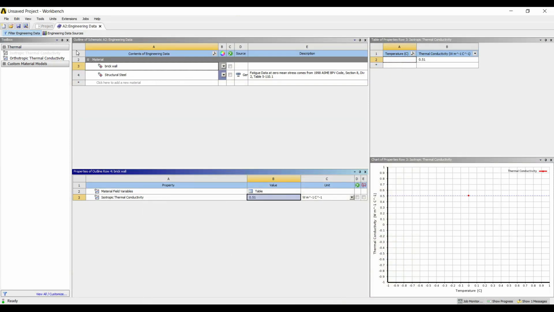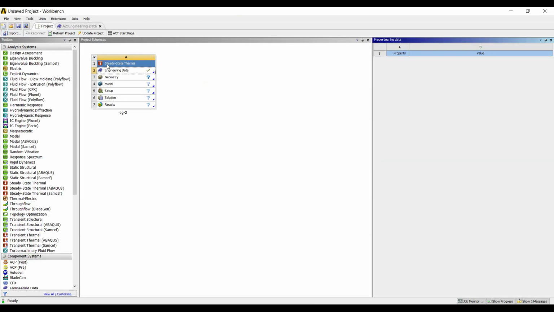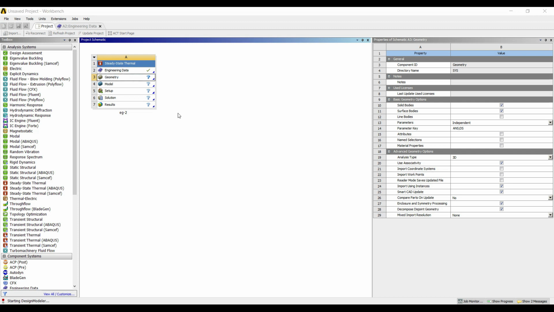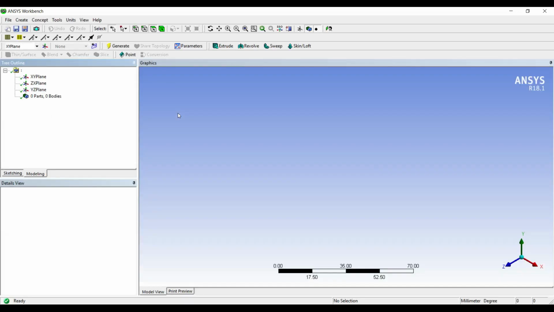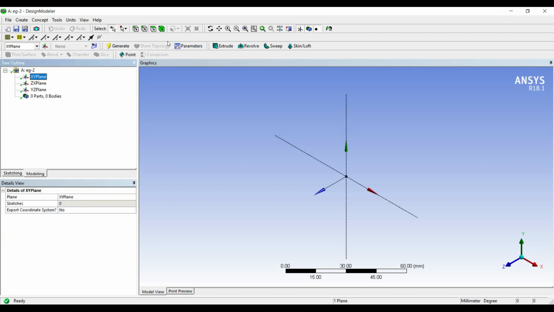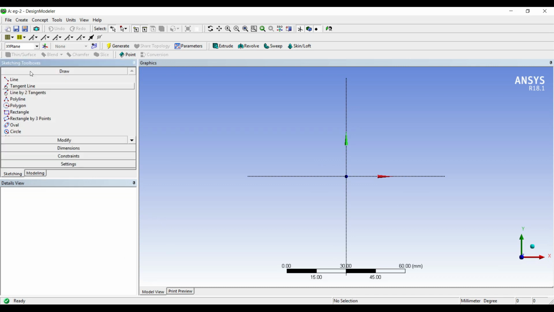So material is made. I'll go to project, update project. Next I'll go to geometry, right click, new design modeler geometry. I'll go to units, millimeter, XY, look at, sketching.